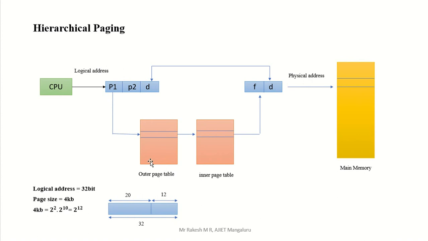But in this hierarchical paging concept you can see we have two page tables: one is the outer page table and one is the inner page table. The outer page table contains entries, and the inner page table also contains page entries. Now, whatever logical address is there, the page number is sent to the outer page table first.